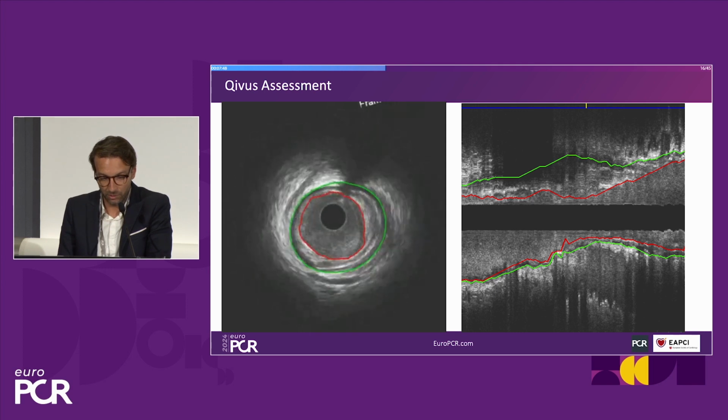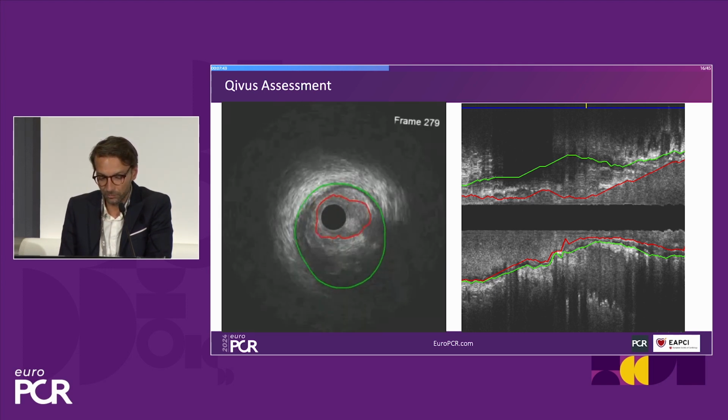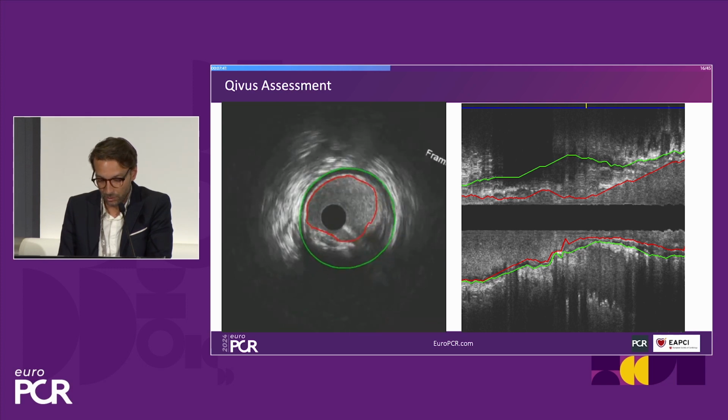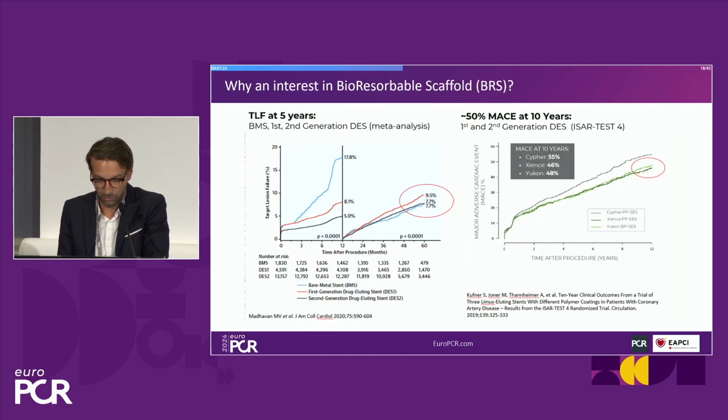In this case, we did the QIVUS assessment with the Medis system that showed this lesion, and virtual histology showed a plaque burden of 77%, MLA of 2.1 square millimeters, thin cap fibroatheroma type, lumen reference diameter of 3, and lesion length of 20 millimeters.